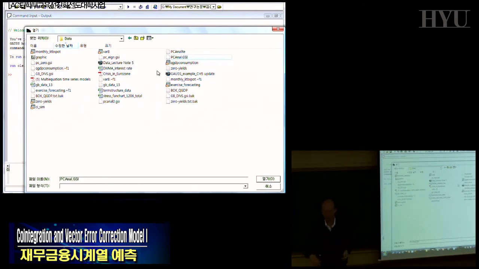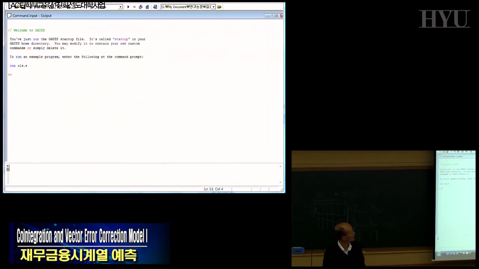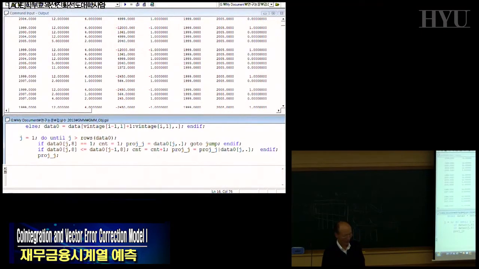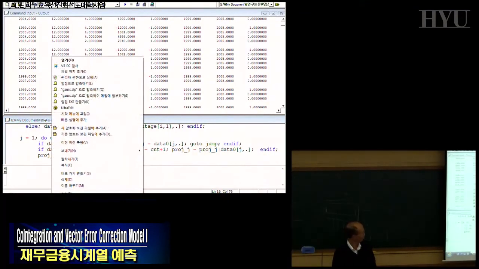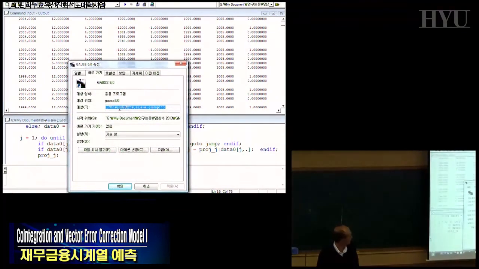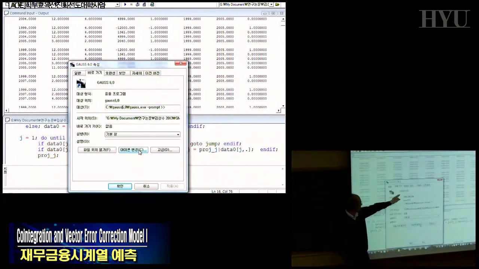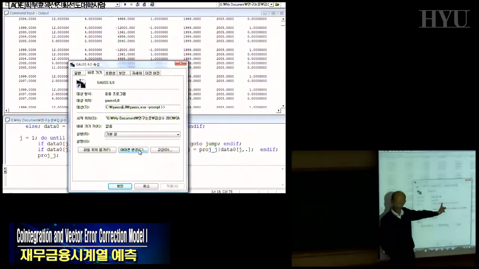So what you do is, before you actually do this, even before you start this program, first thing is check this one by pressing right button and property. If you look at this property, it says this program is installed in C drive in this subdirectory, right?